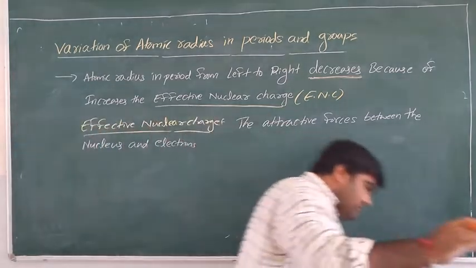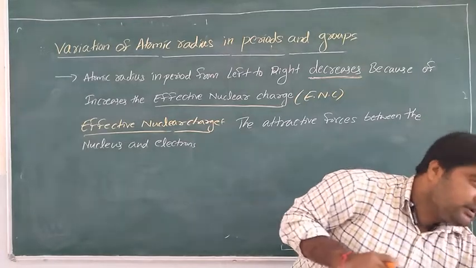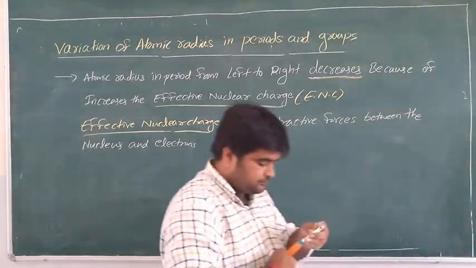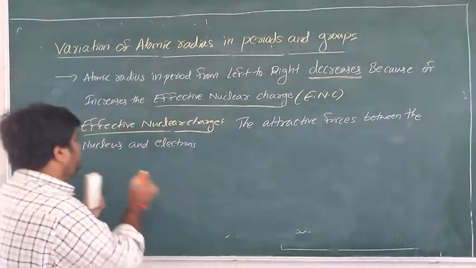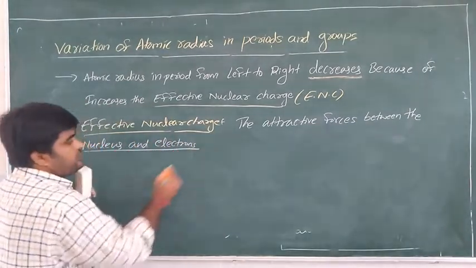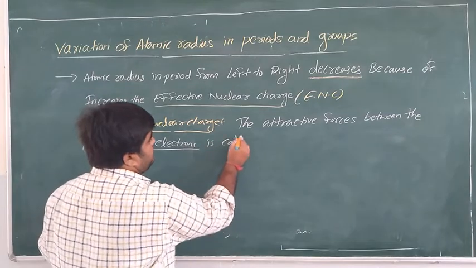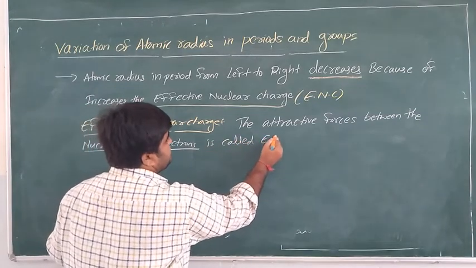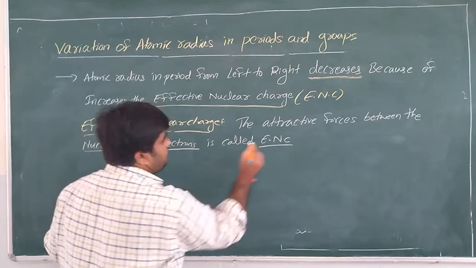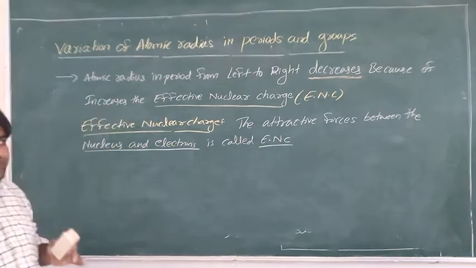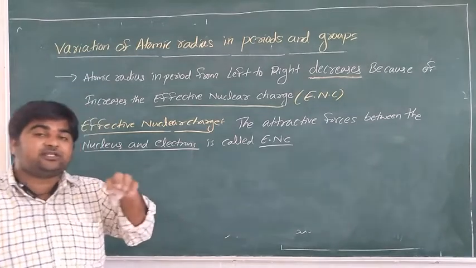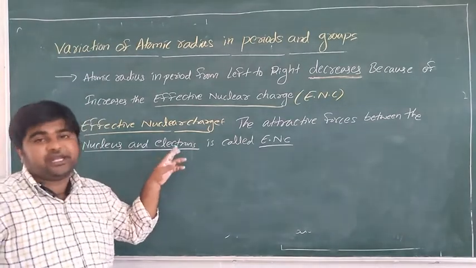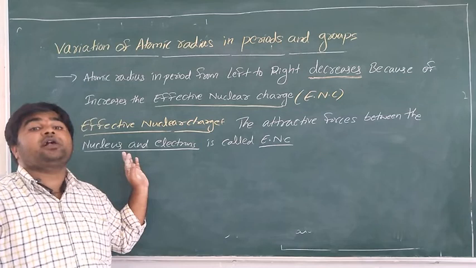So effective nuclear charge, ENC, is the attractive force between the nucleus and electrons. Electrons have which charge? Negative charge. Nucleus which charge? Positive charge.